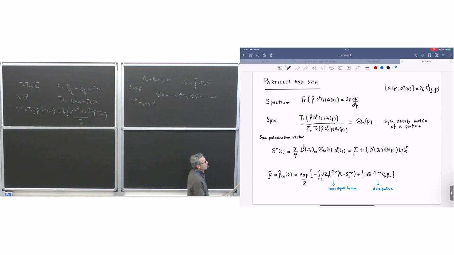To be specific, I'm using here the so-called covariant commutation relation, namely the commutator between A and A dagger is equal to twice the energy times delta 3 of P minus P prime. This is why you have here this twice the energy.